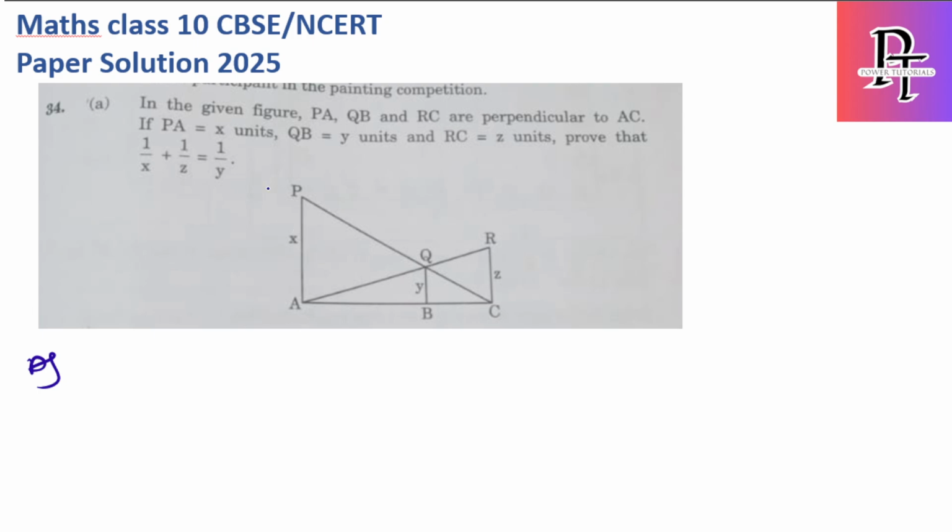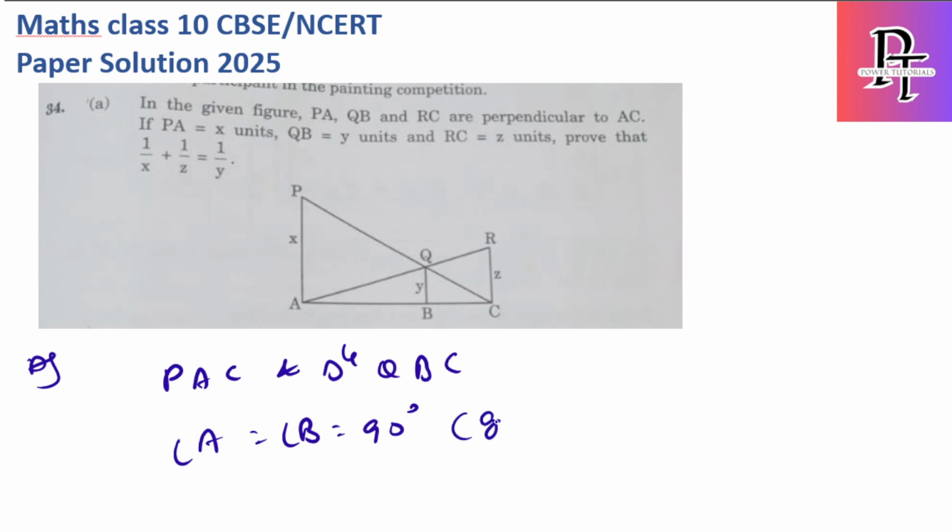So we have the same question. I'm just repeating the same part again. For this question, what you have to do is prove that two triangles are similar and find the corresponding ratios are equal. So take triangle PAC and triangle QBC. If you take these two triangles, angle A will be equal to angle B, which is equal to 90 degrees.